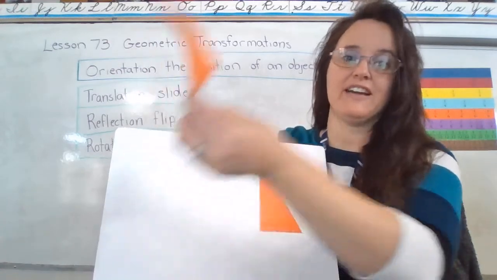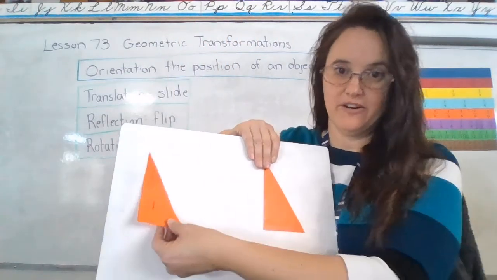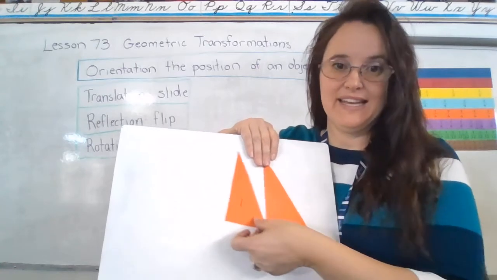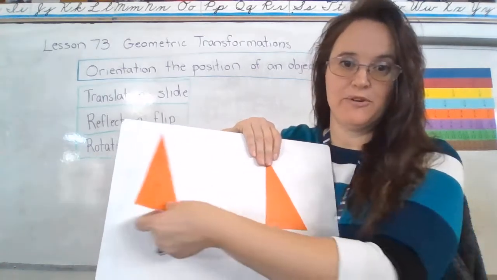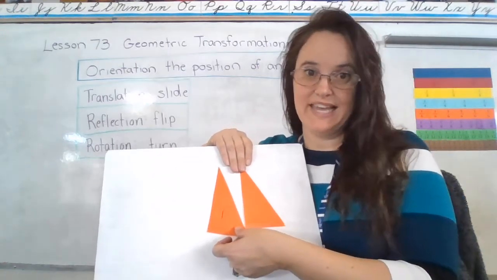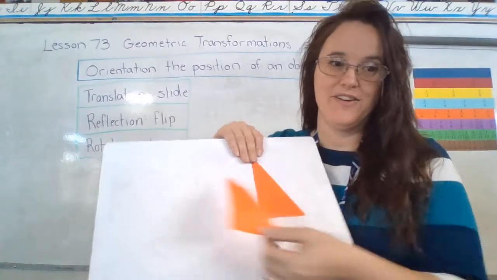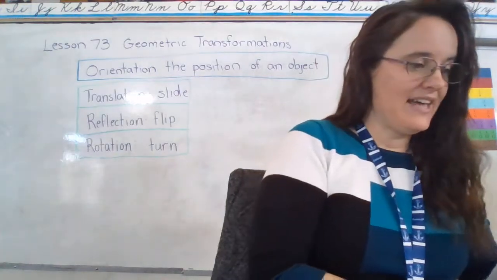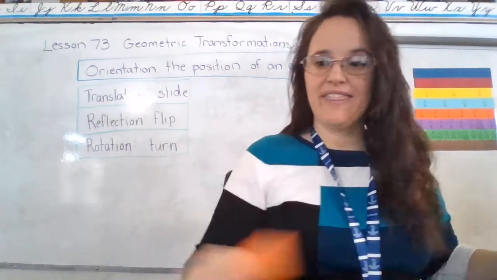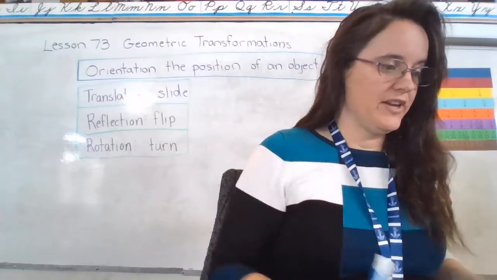You wouldn't reflect by moving it over here, okay? Slide it, leave it laying on the table or the paper if you're going to translate, and leave it sitting on the paper if you're going to rotate, okay? So you guys can get a little bit more practice with that once we get off the video here.